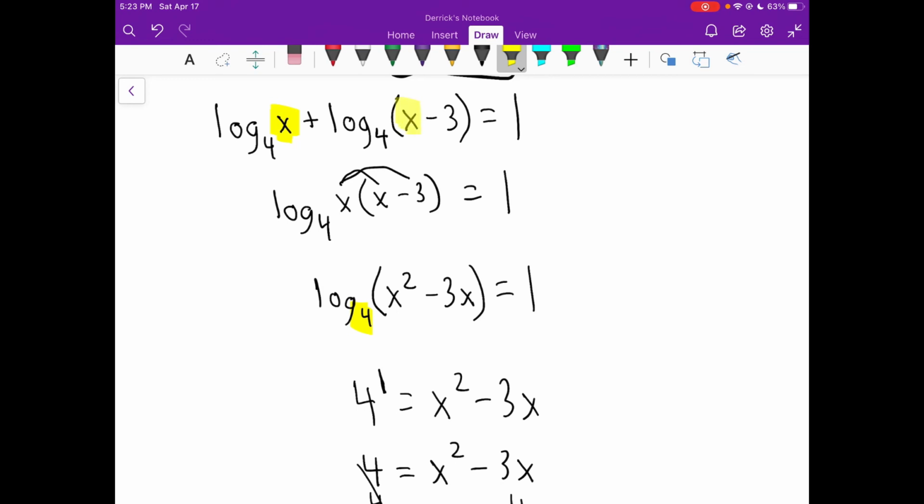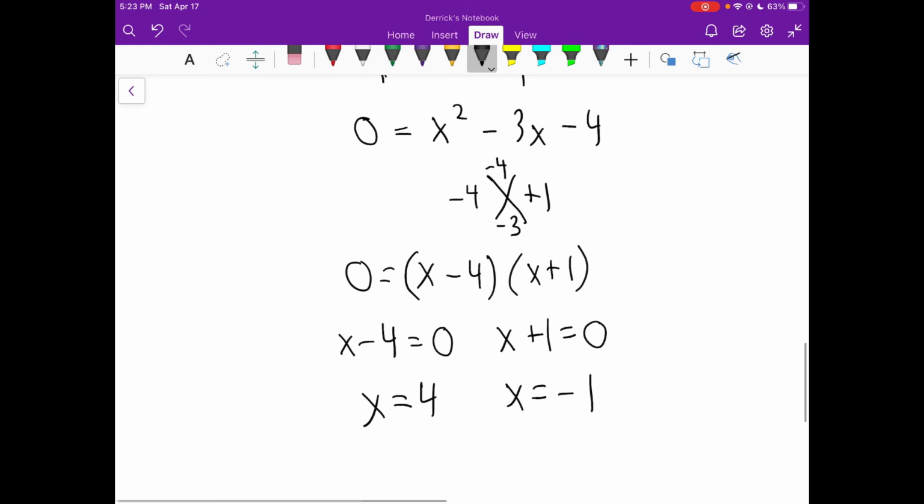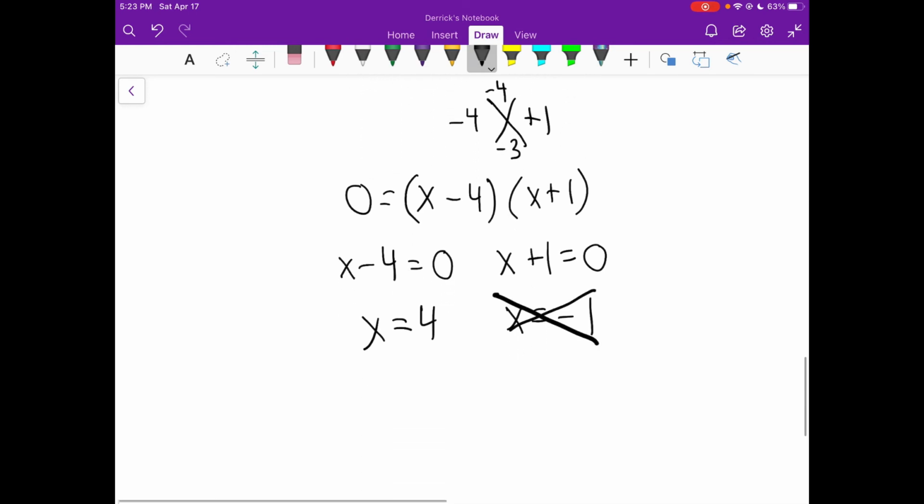If we plug in 4 here, 4 minus 3 is positive 1, so that checks out as well. However, if we plug in negative 1, that does not work for either of these x's. Both of them cause us to take the log of a negative number. So negative 1 does not work, and positive 4 does.